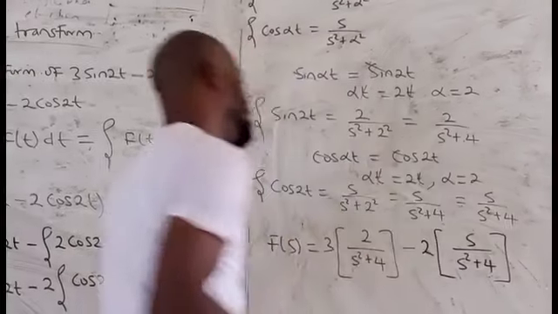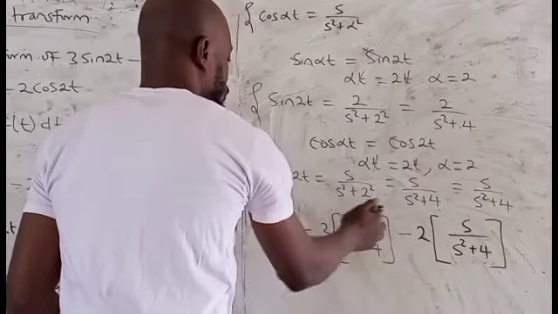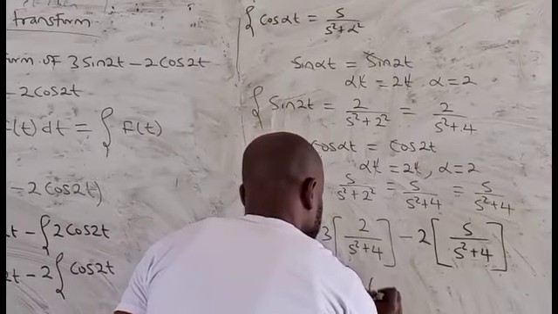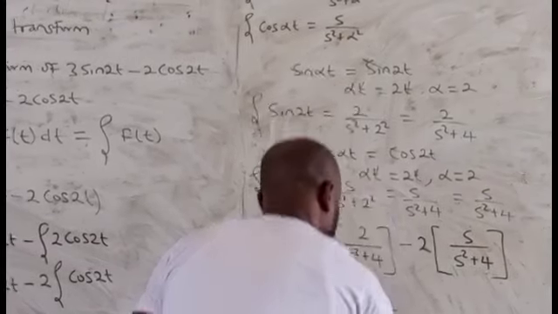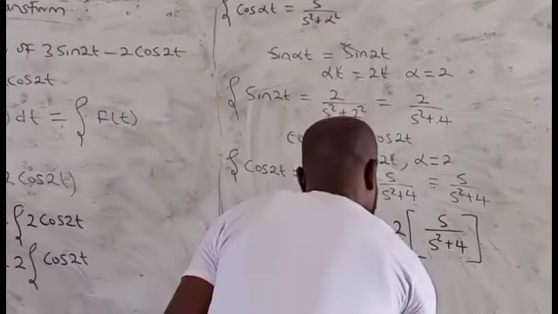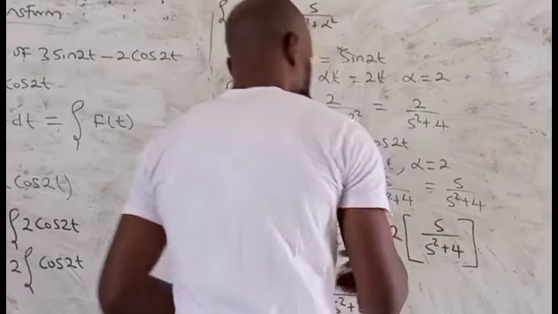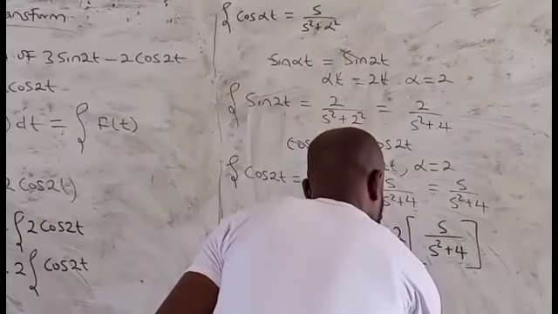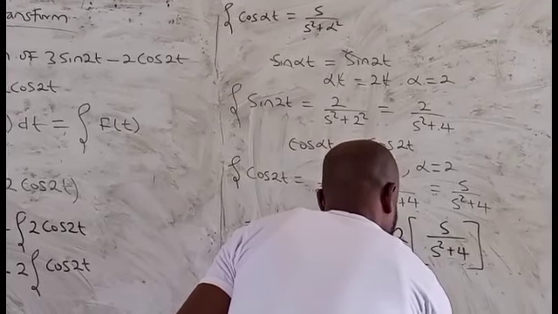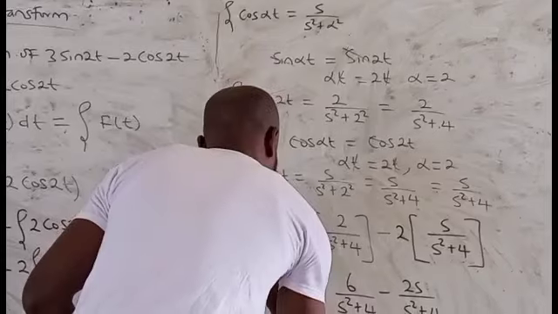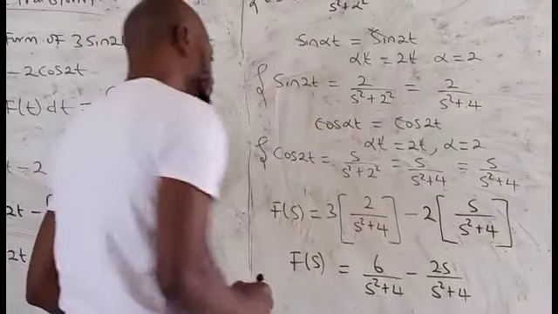So you multiply to open the brackets. 3 times 2 will give you 6 over s squared plus 4. Minus, opening up this bracket, 2 times s will give you 2s over s squared plus 4. So that gives you f of s.